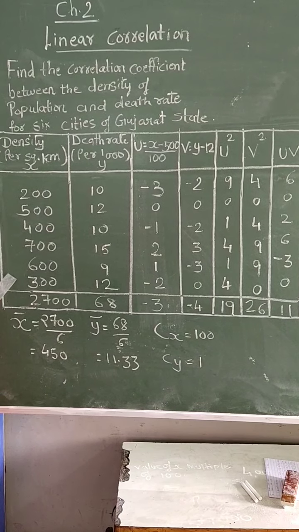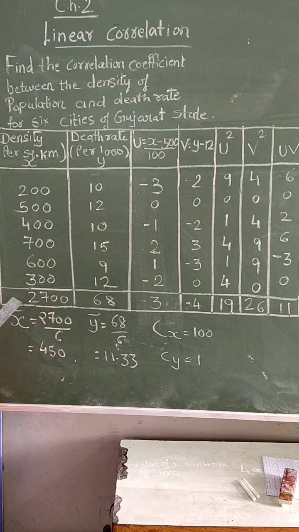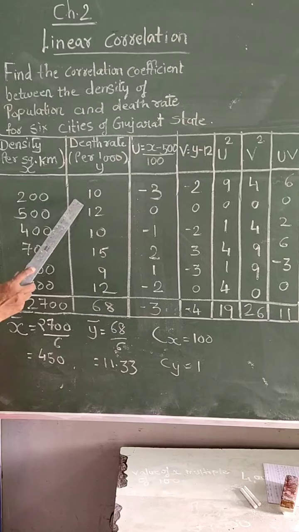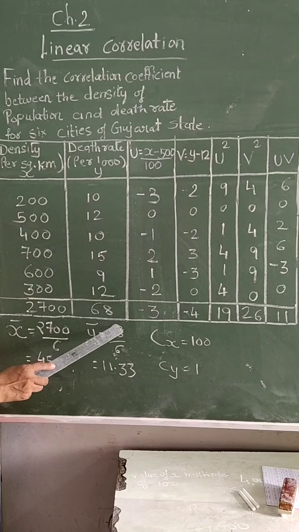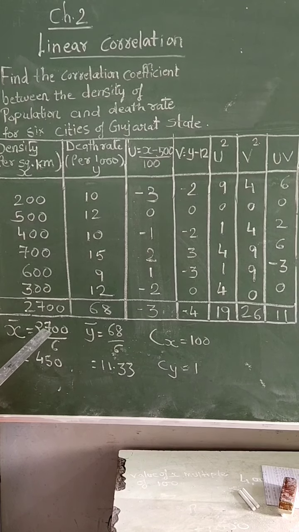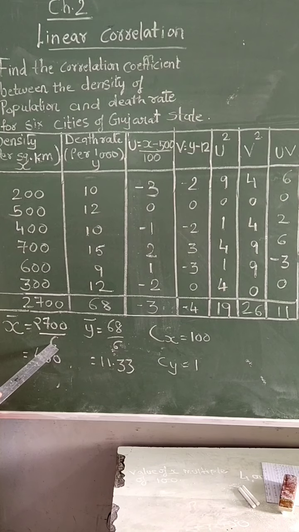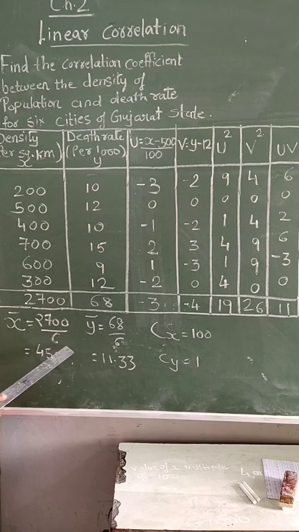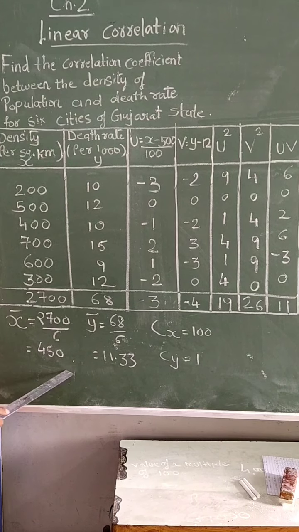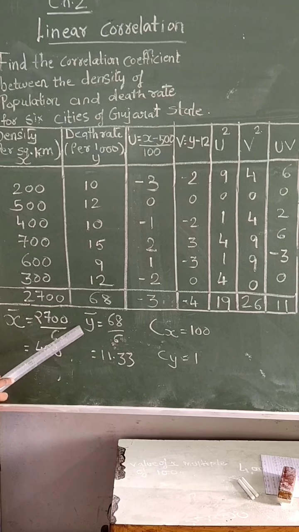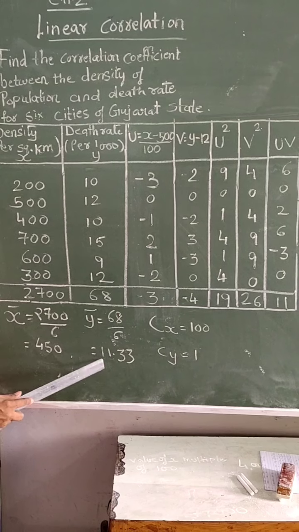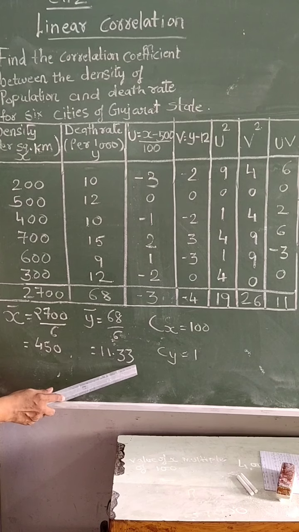Let us do the total of x, which comes to 2700. Total of y: 68. So we calculate our mean x bar. Total divided by numbers, 2700 divided by 6, it comes to 450. Y bar: 68 divided by 6, 11.33.